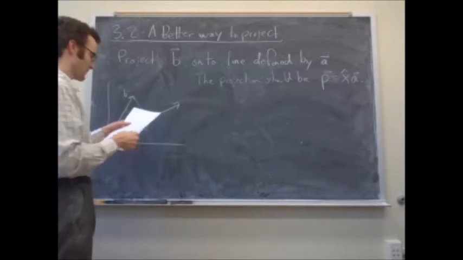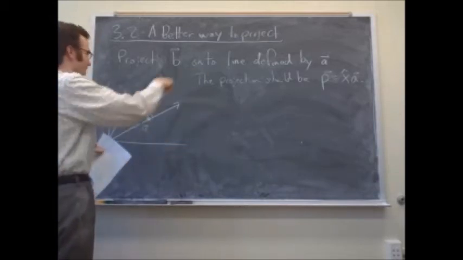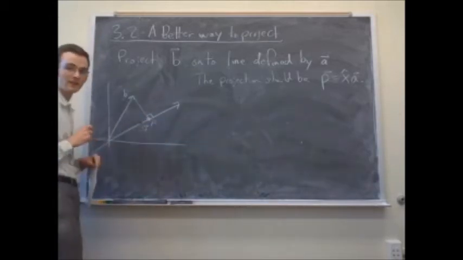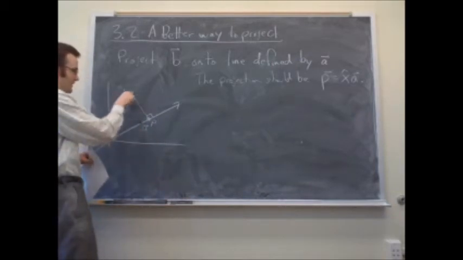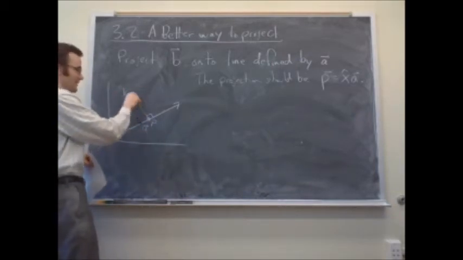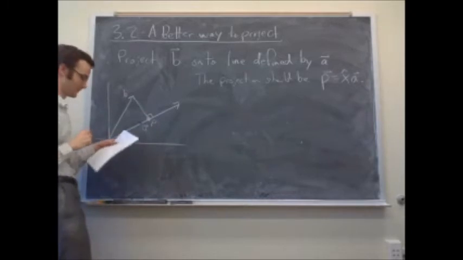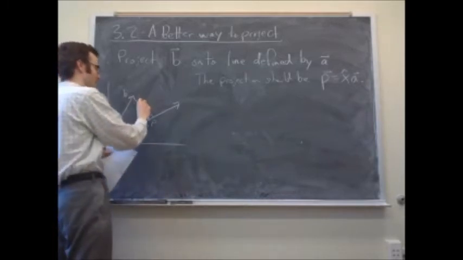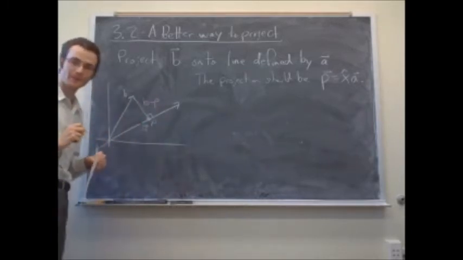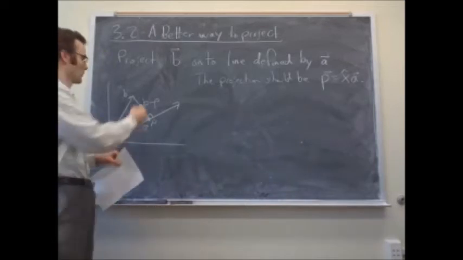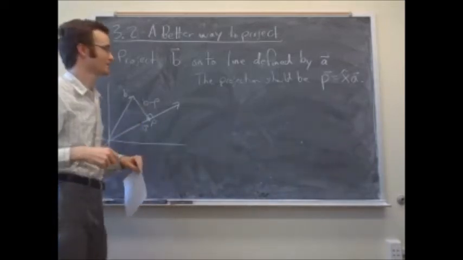So in this picture, if we have P being the projection, right here, and this point is B, this line is A, this line right here is B minus P, or P minus B, depending on which way we're going.